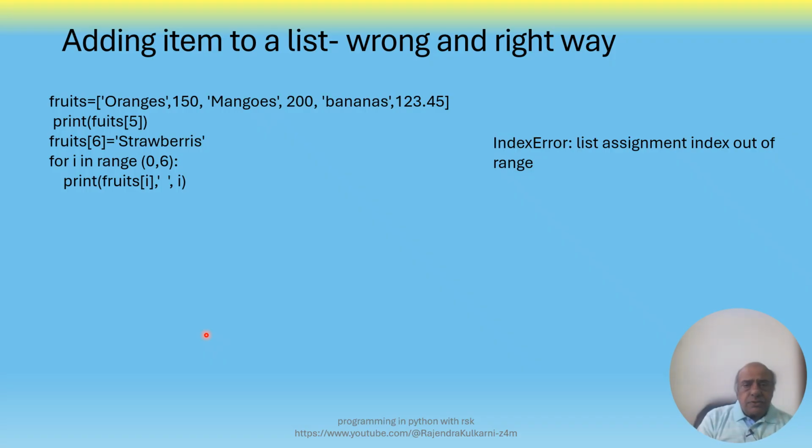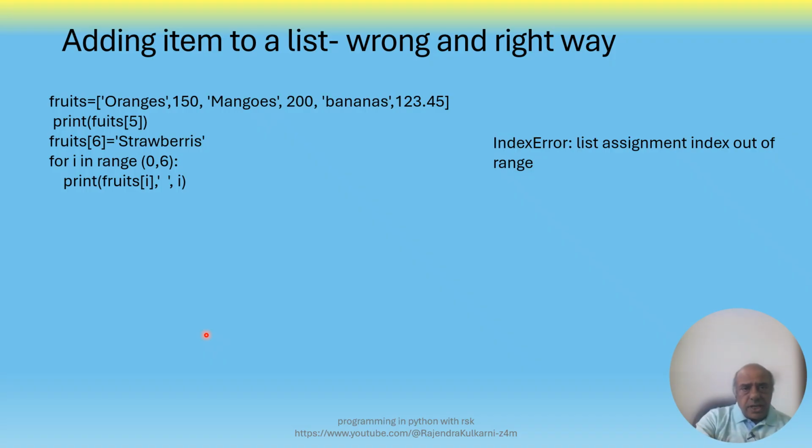So what it means is, once the list is defined, the number of elements of that list remains the same. We cannot add another or additional element to that list. Why this is happening, that we will see.